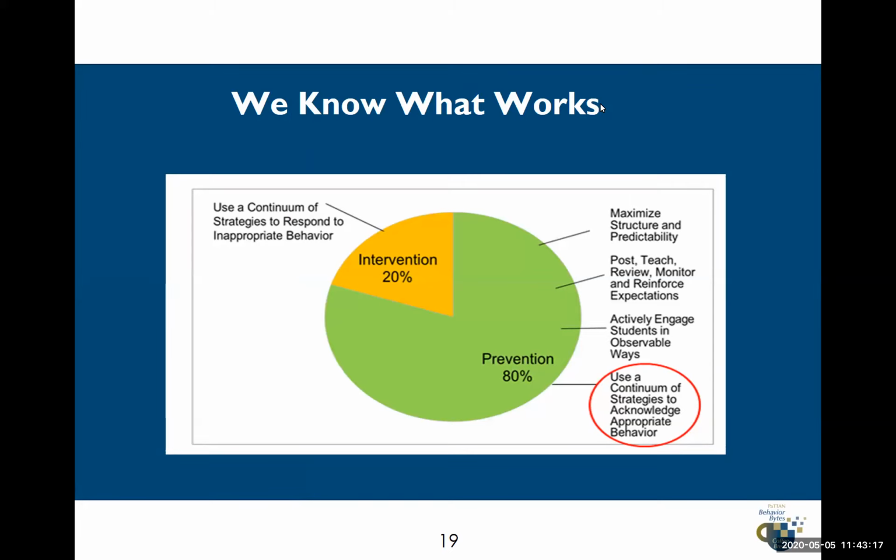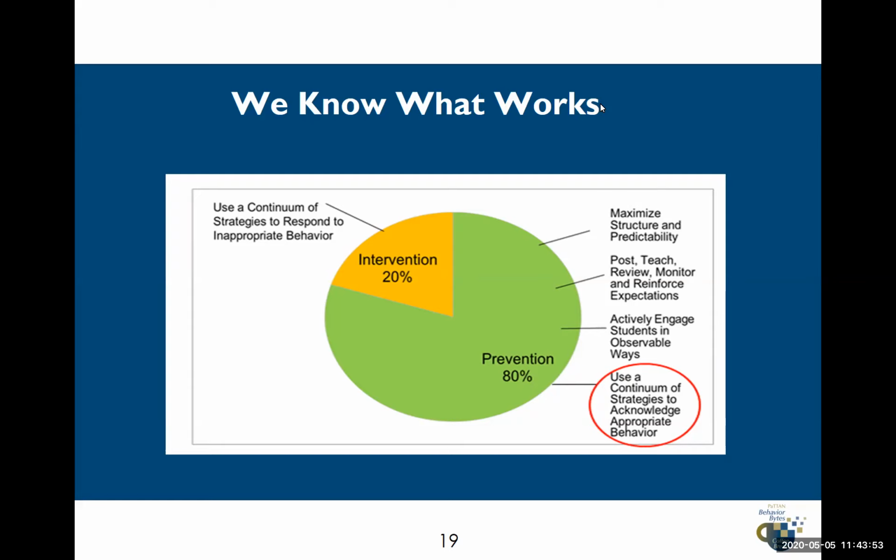If you're spending more than 20% of your time redirecting students, responding to behavior errors, writing office discipline referrals, that's an indication that there might need to be more time focused on planning for prevention and thinking about those preventative practices of maximizing structure, looking at expectations, acknowledgement of students meeting expectations, and acknowledgement of a continuum of strategies to acknowledge appropriate behavior.